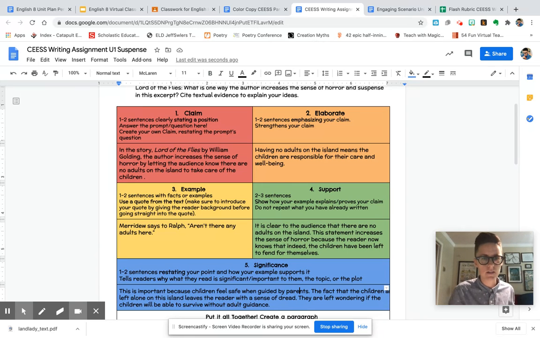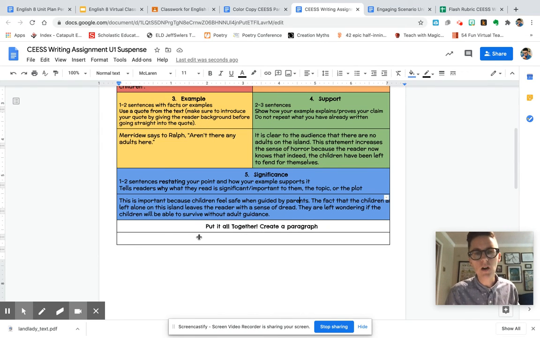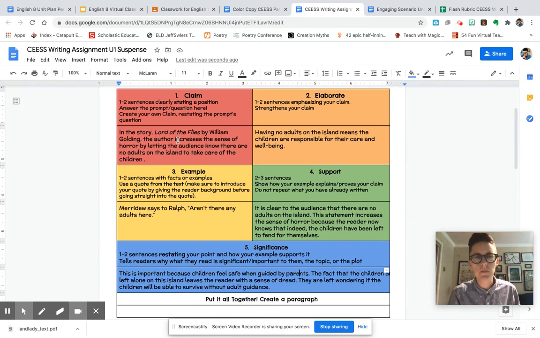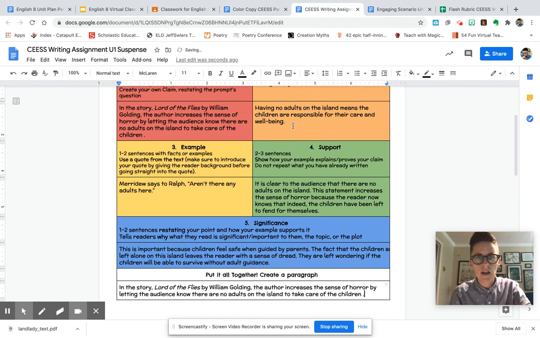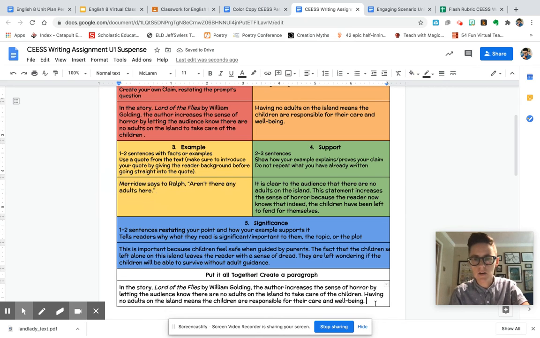Oh, but wait, we have to put it all together. It says put it all together, create a paragraph. So now that I have a claim, elaborate, example, support, significance, I'm just going to take each part here and copy and paste it in to make it one paragraph.